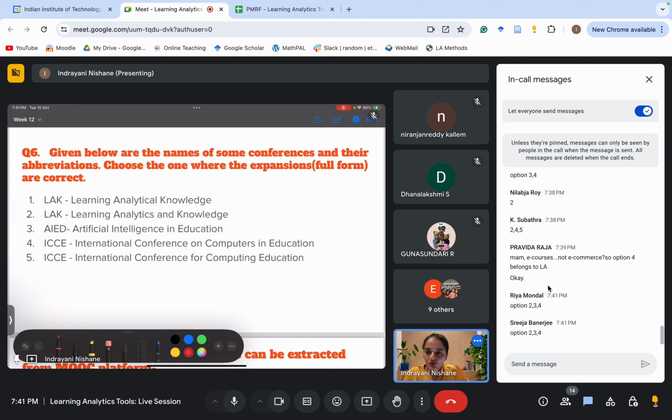I'm happy to see most of the correct answers in options 2, 3 and 4. So these are the established conferences in learning analytics where you can publish your research work. Research papers can be published in these 3 conferences.